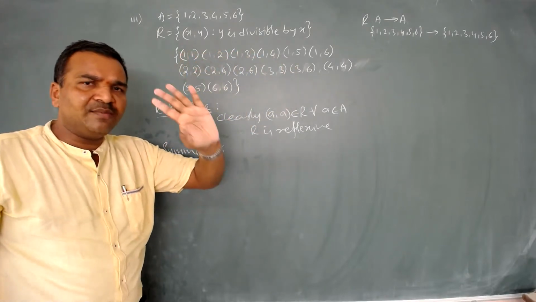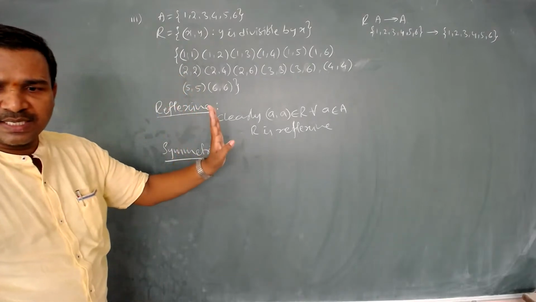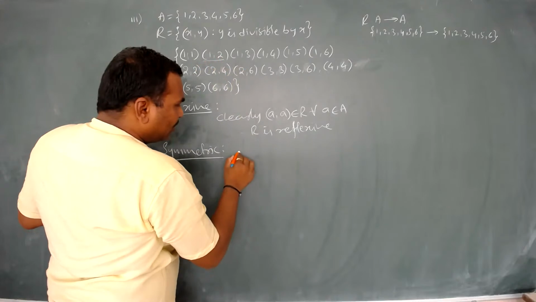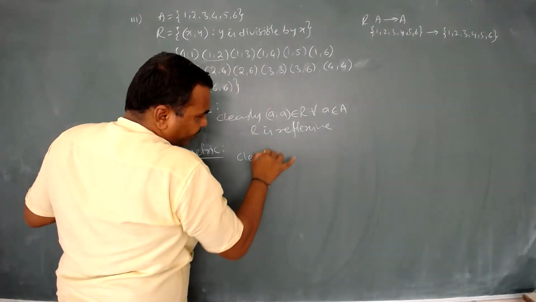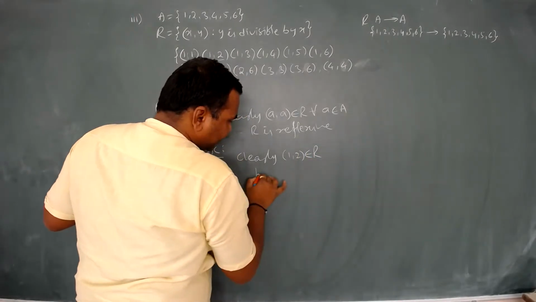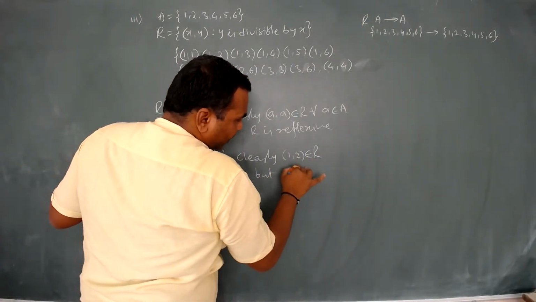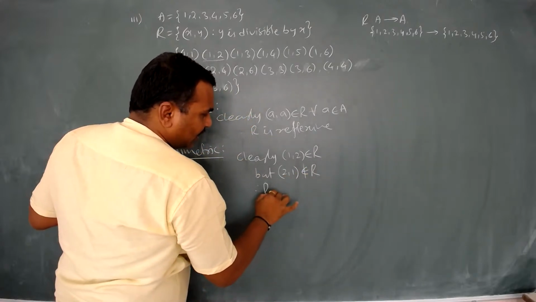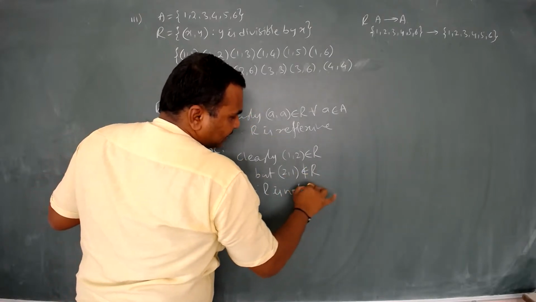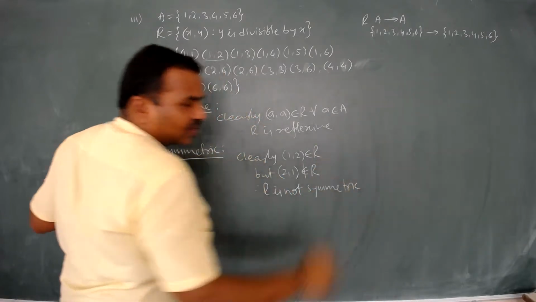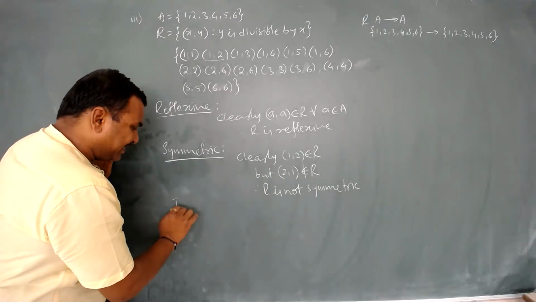If you get even one such element, it is not symmetric. So here clearly 1,2 belongs to R, but 2,1 does not belong to R. Therefore, R is not symmetric. Go for transitive.